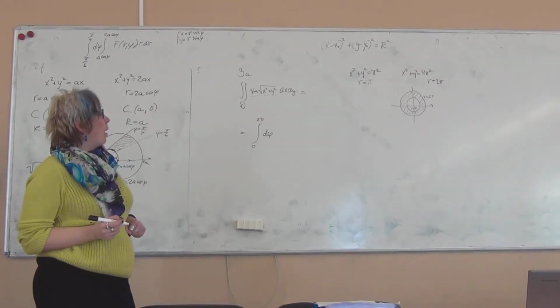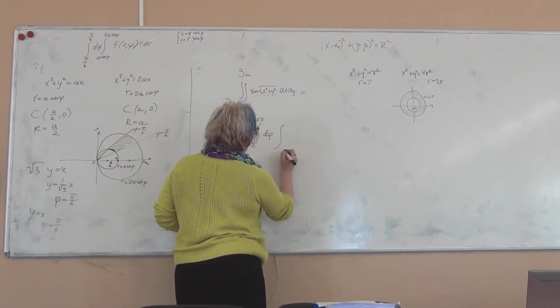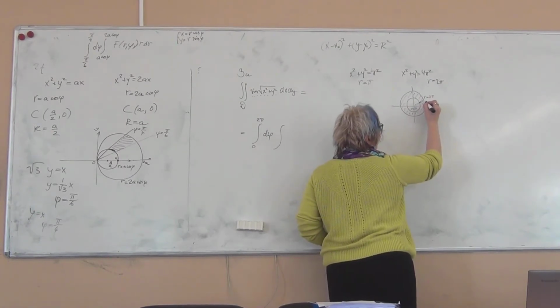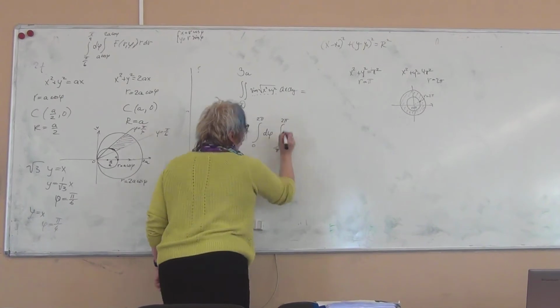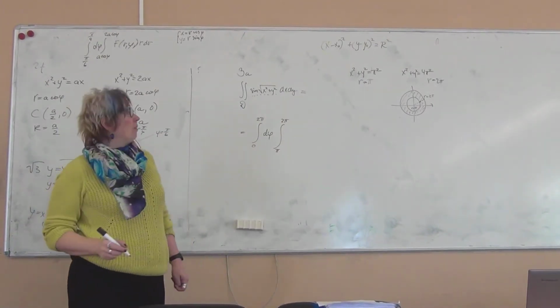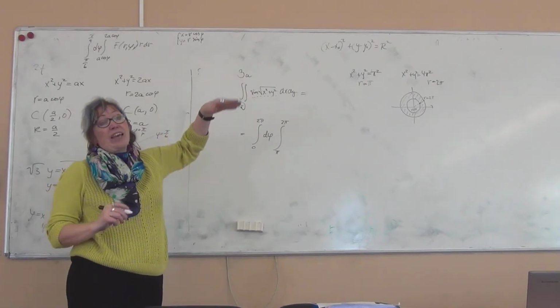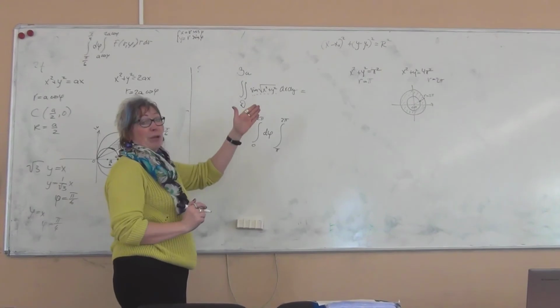Now this integral will go over the radius. The r value will go from pi to 2 pi, almost like a rectangle. So you can see that a ring in polar coordinates is just like a rectangle in Cartesian coordinates. It doesn't look like one.